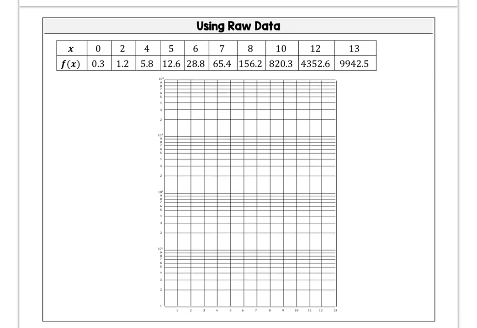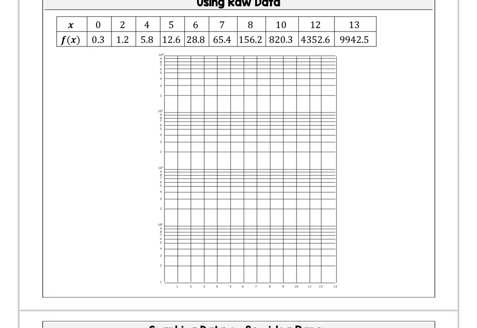So on our table here, 0 and 3/10, I can't graph. Let's see, we can graph 2 and 1.2.